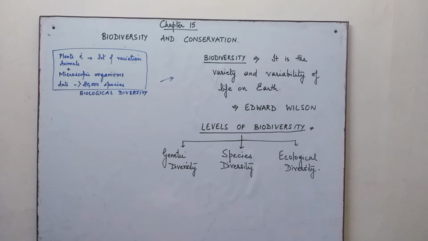So thus we can say that biodiversity is the variety and variability of life on earth. And when we study further, we find that this diversity is not present only at the species level. It is present at all levels. That means it can be at the genus level and at other levels also.